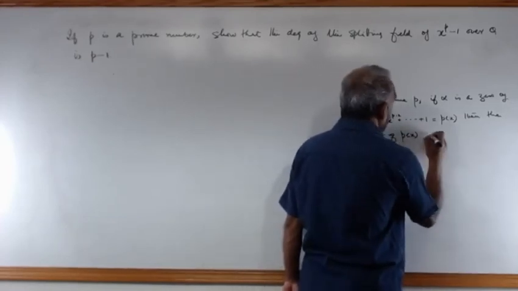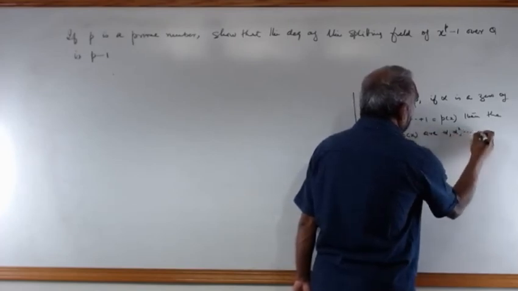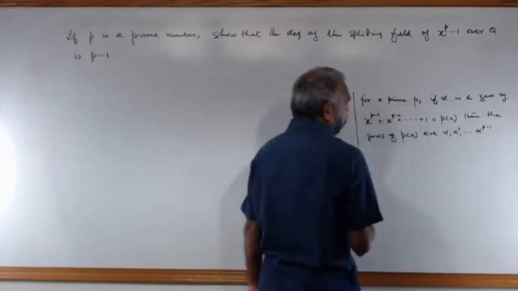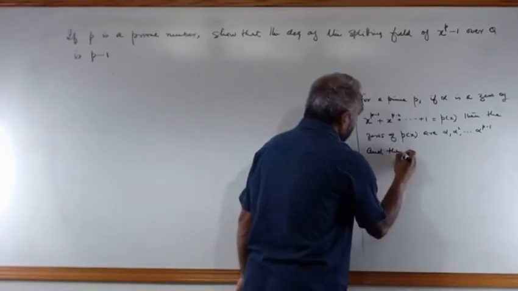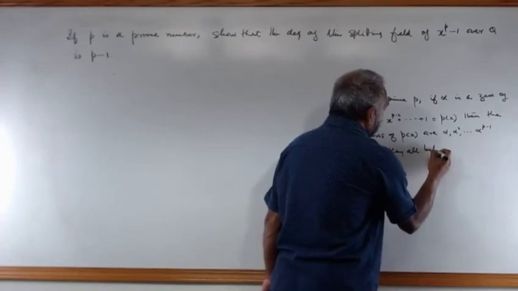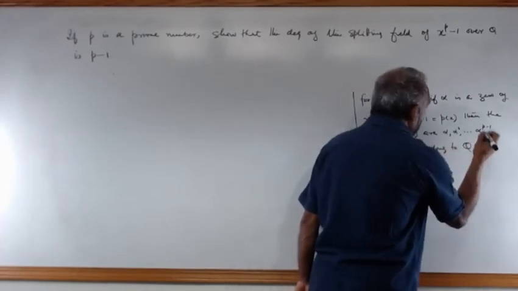The zeros are alpha, alpha square, through alpha to the power of p minus 1, and they all belong to the simple extension Q of alpha.